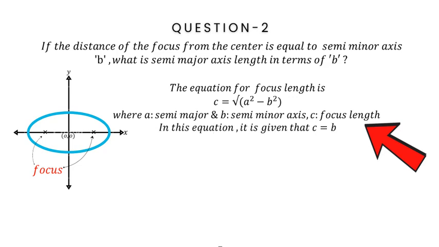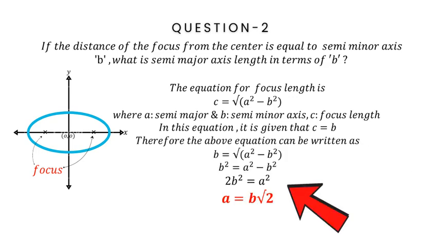In this equation, it is given that C equals B. Therefore, the above equation can be rewritten as B equals square root of A squared minus B squared. Therefore, 2B squared equals A squared. In other words, the length of the semi-major axis A equals B square root of 2.